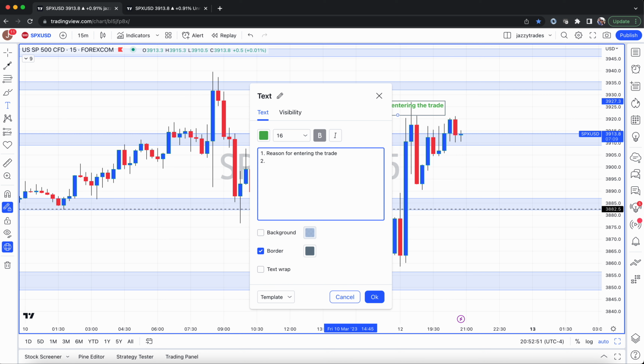Reason for entering the trade, entry price, exit price, of course, number of contracts, and I'll tell you why. Number of contracts, P&L, reason for exit, did I take partial exits?